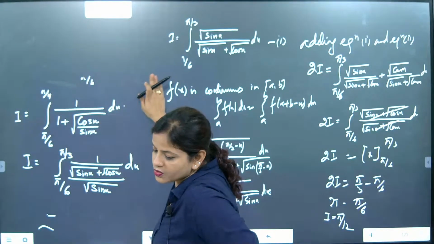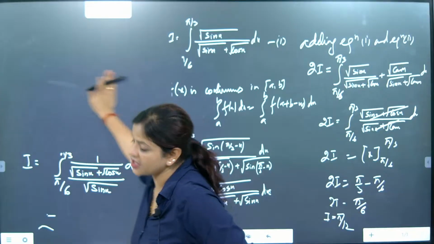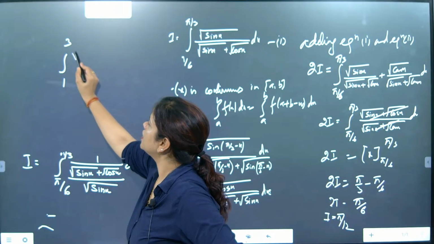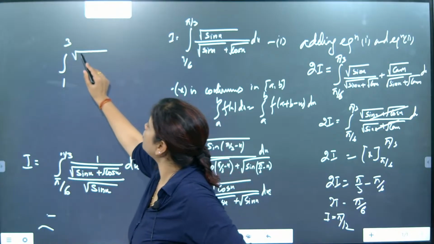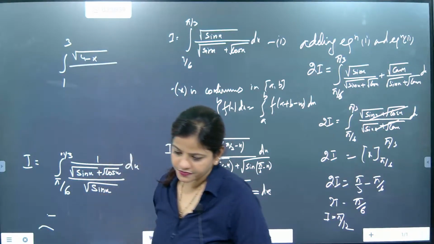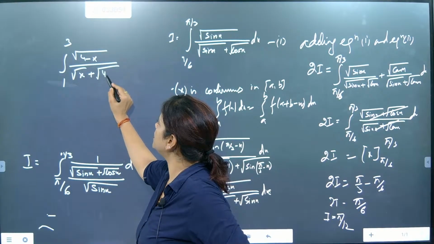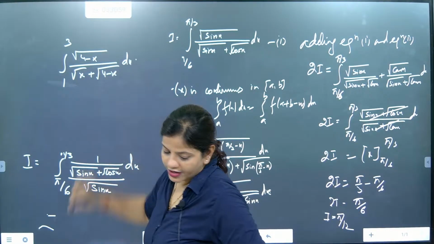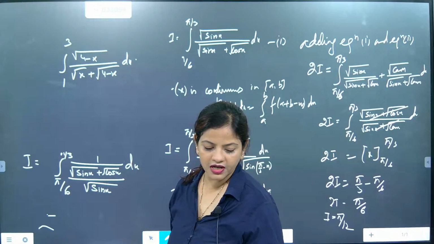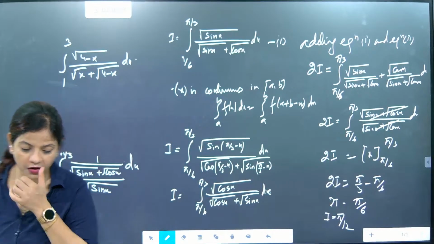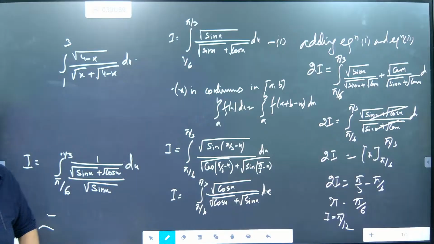Okay, so the next question I am writing here. Tanish, please kindly pay attention to these type of questions. So here, integral from 1 to 3 of root under 4 minus x by root under 4 plus root under this part is there. So 100% the answer will be coming accordingly. Just check this one out.